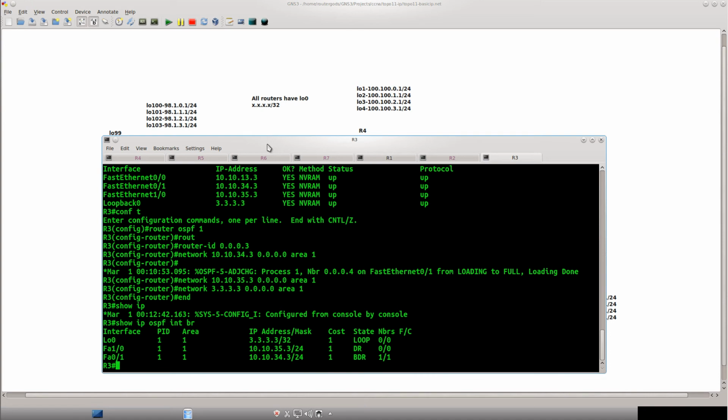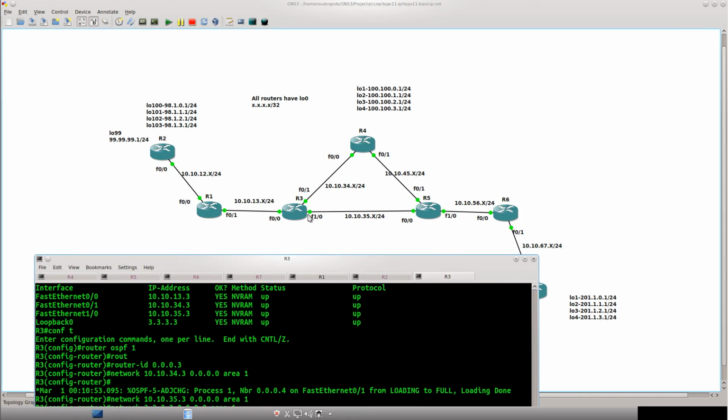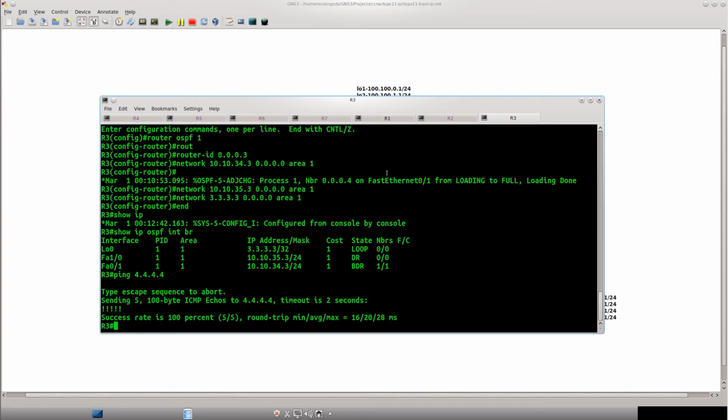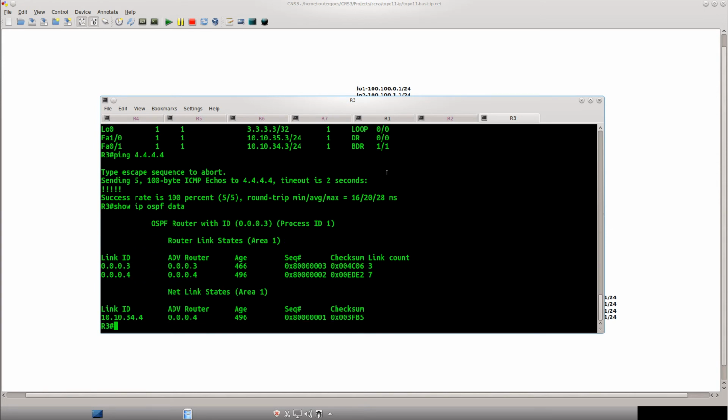Okay, so you have two routers connected. You have R4 and R3. You should be able to ping 4.4.4.4 from R3. That's because they're in the same area. If you show IP OSPF database, you'll see your type 1 LSAs, 0003 and 0004.